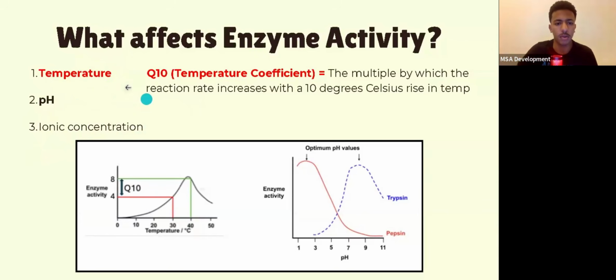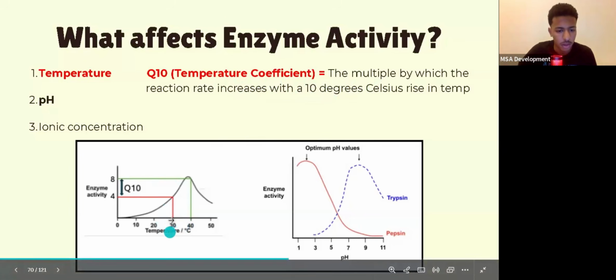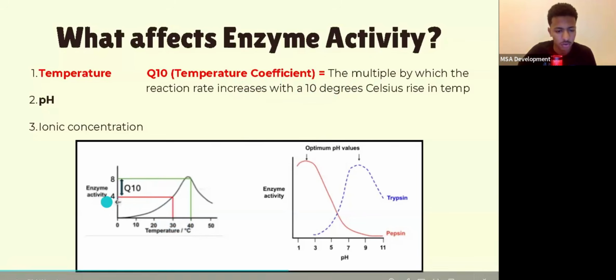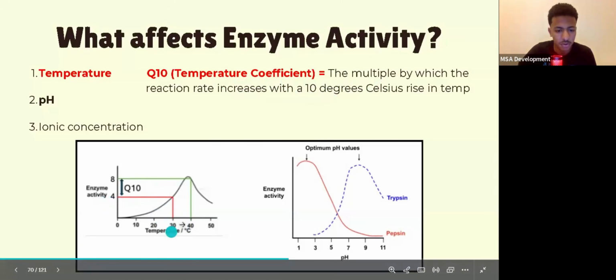Now let's talk about Q10, which is the temperature coefficient, and it simply stands for the multiple by which the reaction rate increases when we increase the temperature by 10 degrees. So let's look over here. At 30, the enzyme activity or the reaction rate was over here. If we increase the temperature by 10 degrees and take this recording, we can see that it's 8.